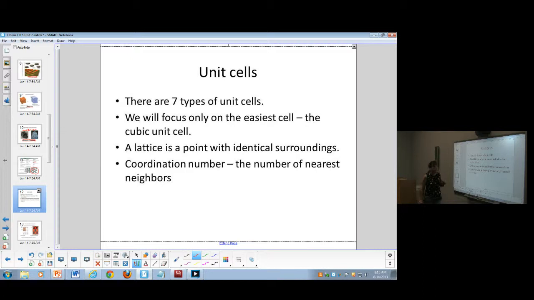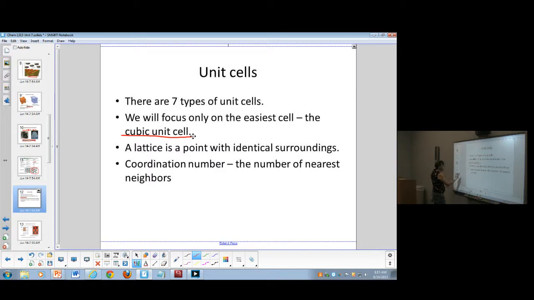Okay, so let's look at unit cells. All of these different kinds of solids can be found in characteristic unit cells. We're only really going to think about the cubic unit cell. That's pretty much the easiest one, but there are many other kinds of unit cells.